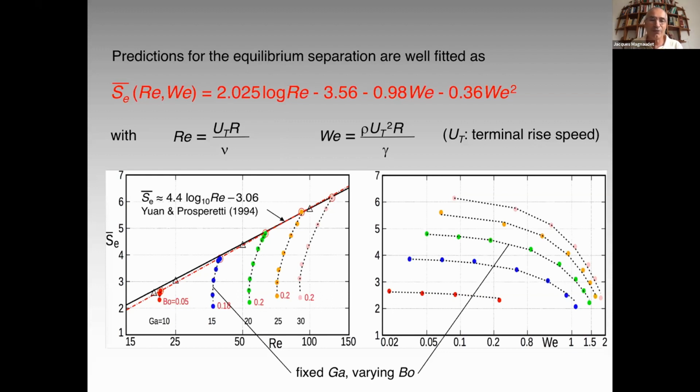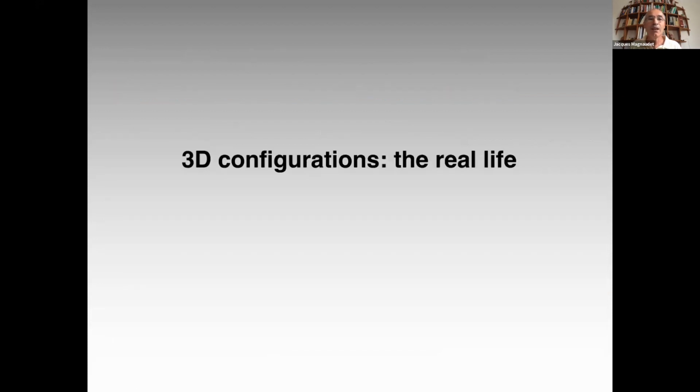And for instance, if you keep the Galilei number fixed, and then you decrease the Born number, that is, you increase surface tension, you see the final separation slightly increasing from this value here to the value here, which corresponds to the case of two spherical bubbles. Okay? So that's what happens if we constrain the two bubbles to remain in line.